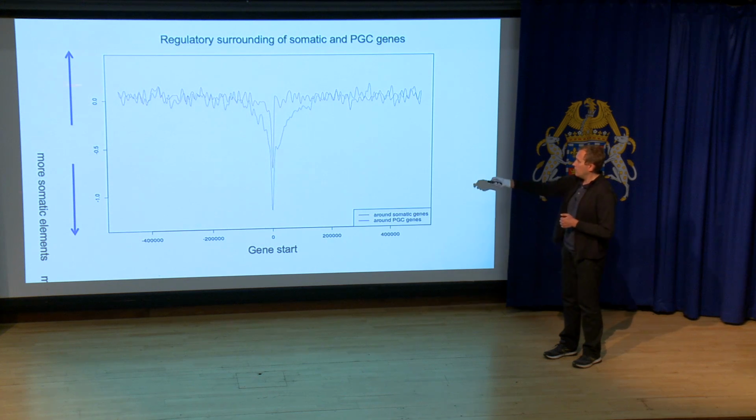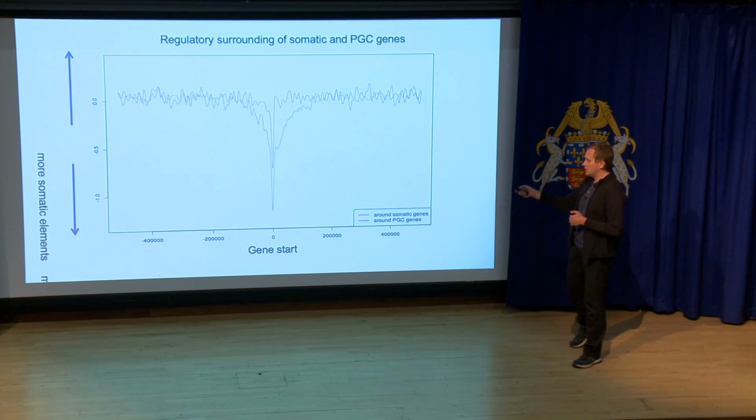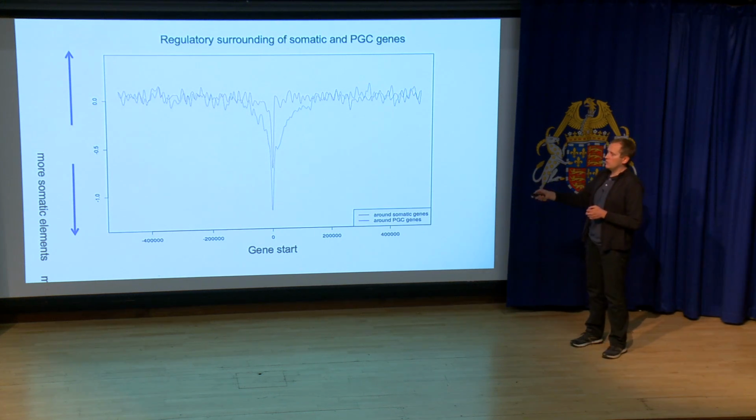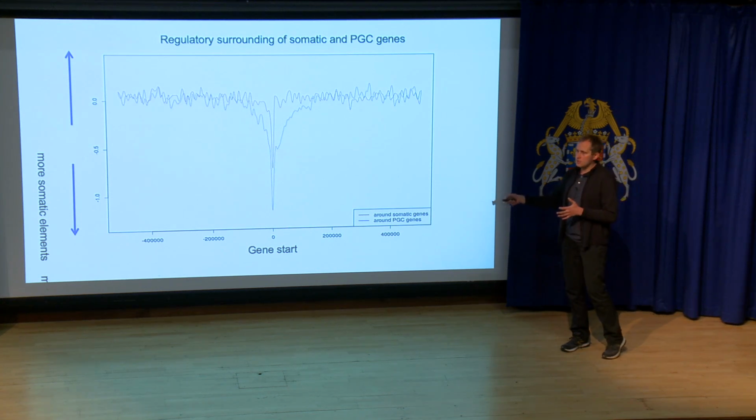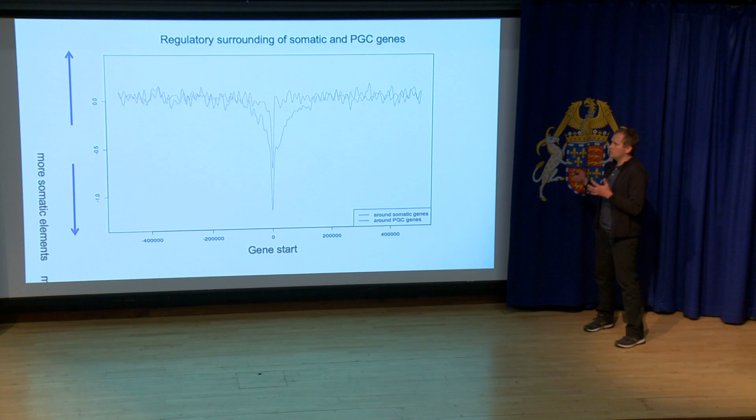If you are far away from the gene start, this profile is basically around 0. And for Soma, it stays 0 for somatic genes. But for PGC genes, there is a big depletion in these somatic elements, meaning that in the range of tens, maybe hundreds of thousands of nucleotides, there is a depletion of these regulatory somatic elements around them.